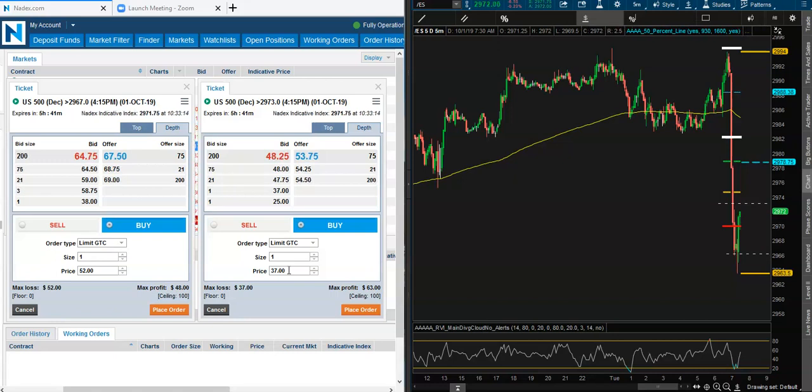And the other thing is, let's say when we entered, it bounced a little bit, but then it just rolled back over and it kept going lower and lower. Well, there's really no need necessarily to take a loss, because the loss is built in.